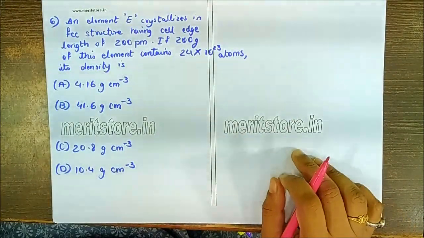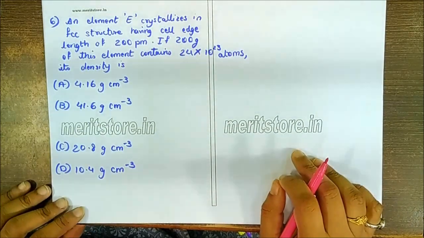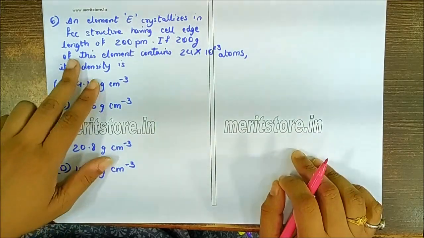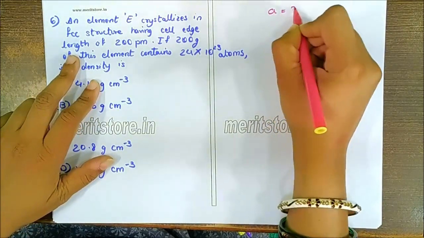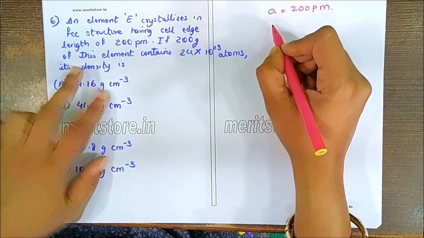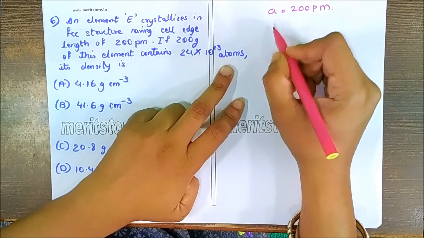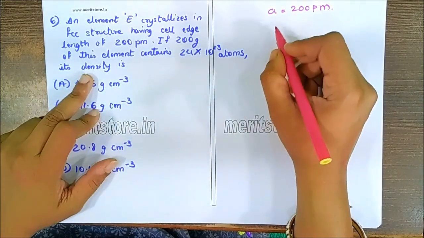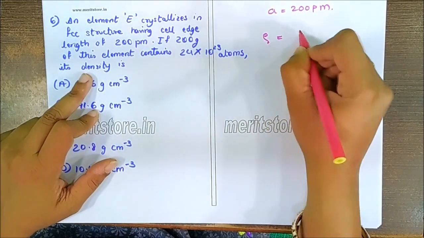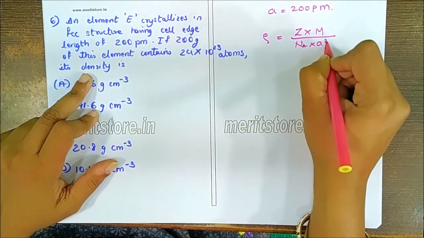Question number 6 is, an element E crystallizes in an FCC structure which has cell edge, that is a, equal to 200 picometer. They have given us a mass which contains 24 into 10 raised to 23 atoms. We have to calculate the density of this crystal. Density is equal to Z M upon N_A into a cube.